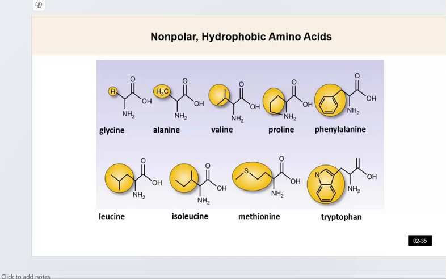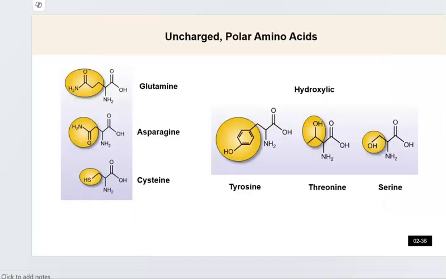So this one here is the nonpolar hydrophobic amino acid group. Okay, so glycine, alanine, valine, proline, phenylalanine, tryptophan, methionine, isoleucine, and leucine. This one here are uncharged polar amino acids: glutamine, asparagine, cysteine, tyrosine, threonine, and serine.